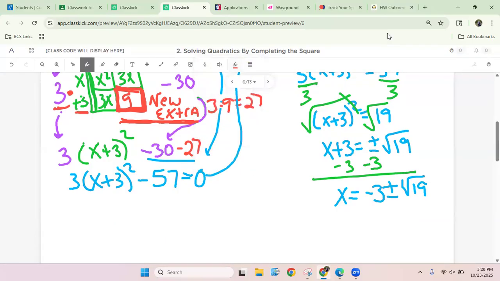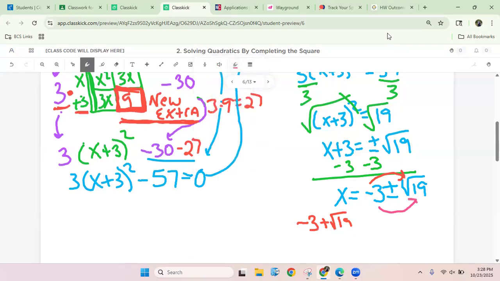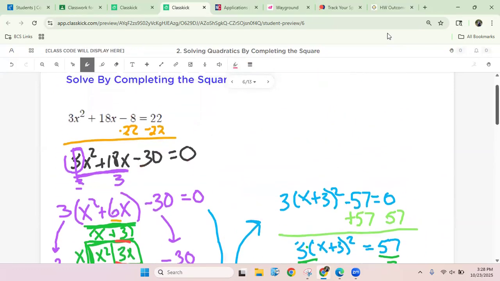So we have -3 plus the square root of 19, and then we also have -3 minus the square root of 19. Those would be your two values of x when the equation is set equal to 22.